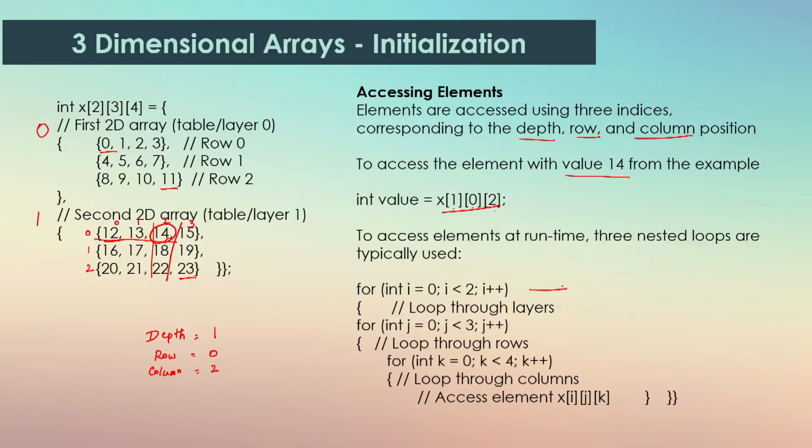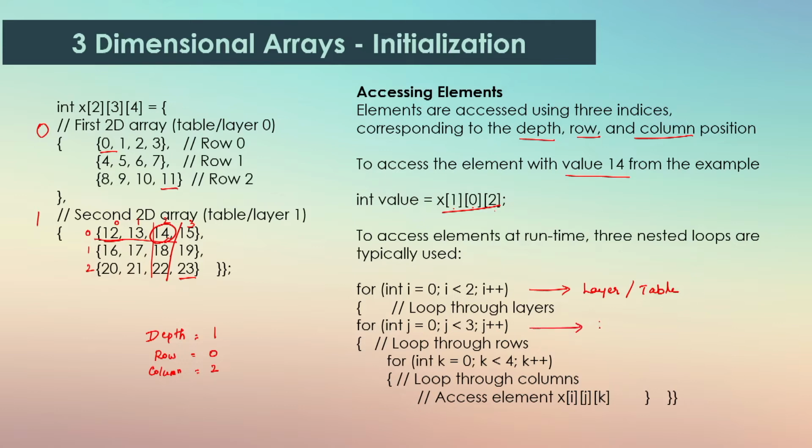Supposing you want to access all the elements of a 3-dimensional array, if you want to print the 3-dimensional array in the form of a tabular structure or a layer structure, then we can make use of 3 nested loops, since we are going for a 3-dimensional array. The first loop will be used to represent the layer value or table.